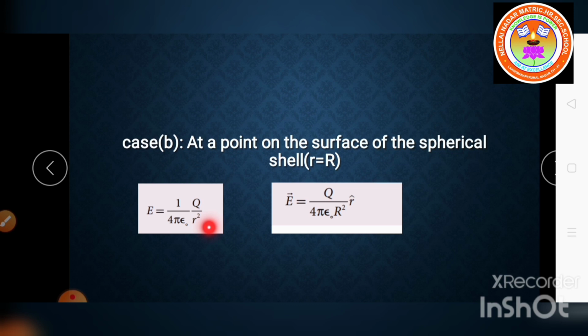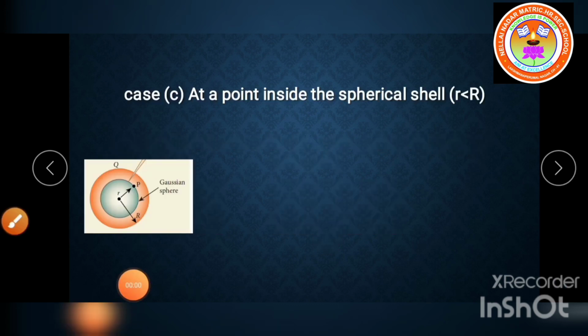Instead of this r square, now we can write capital R square at a point on the surface of the spherical shell. So we are getting the answer E vector is equal to Q divided by 4 pi epsilon naught R square into R cap. Understand children?